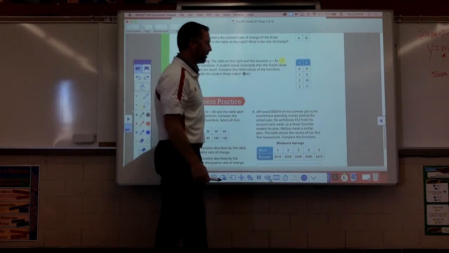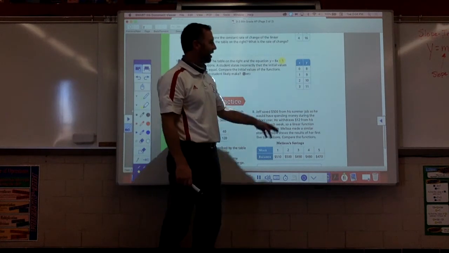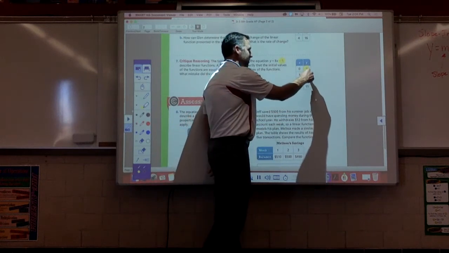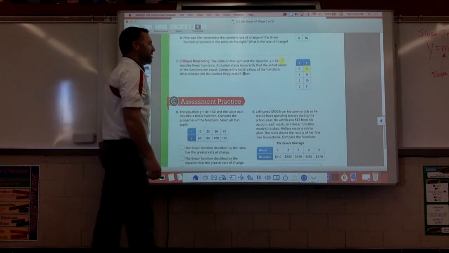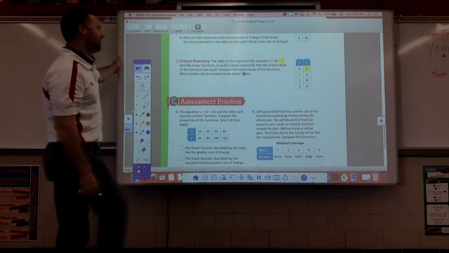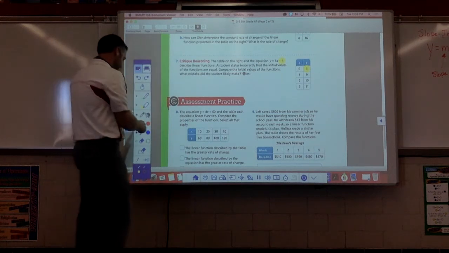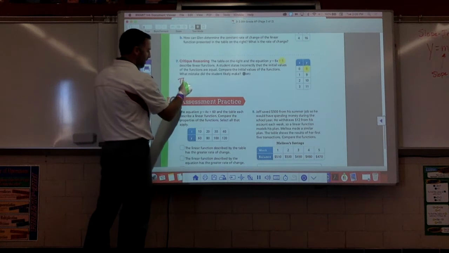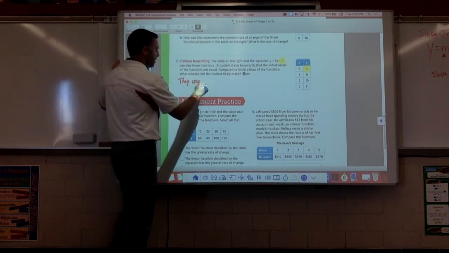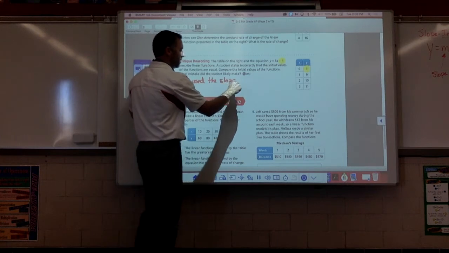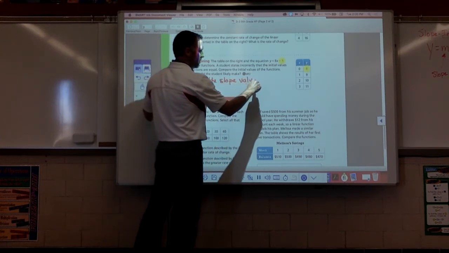That's our y-intercept. Now, look at the table. What's our initial value? Find it. When the x value is 0, there it is. Whatever number y is. 8. What mistake do you think this student made? Yeah, they saw the 8 on the slope and the 8 in the y, I bet. They used the slope value for the initial value. You can't do that.